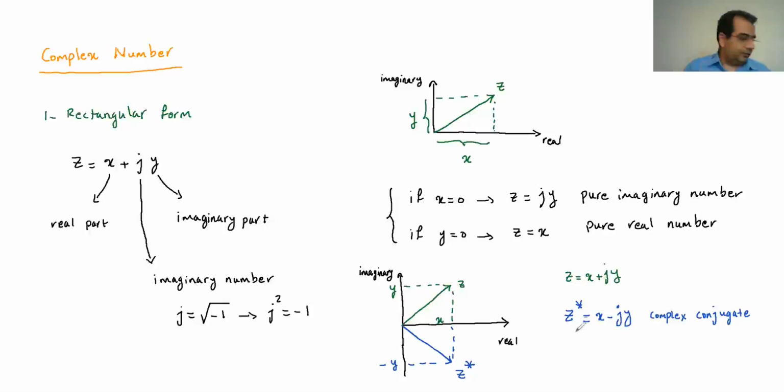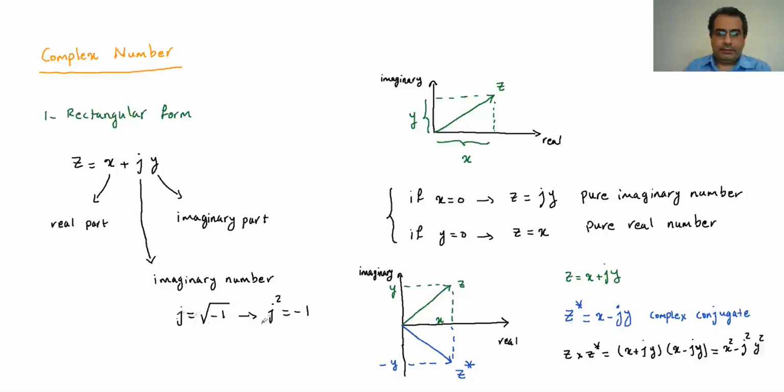Now the whole point is, if I say z times z star, then I multiply x plus jy times x minus jy, and it becomes x squared minus j squared y squared.